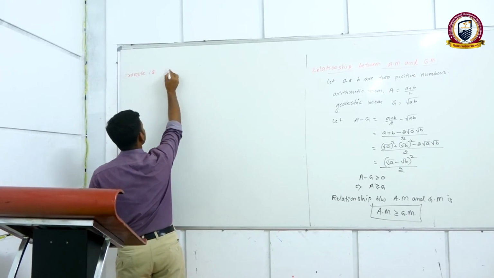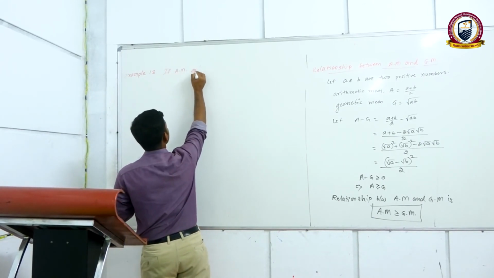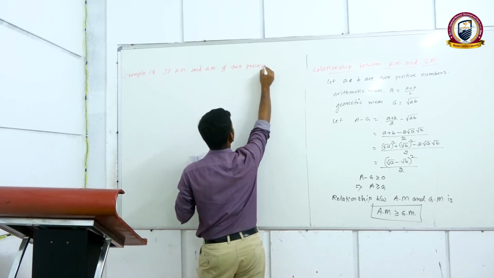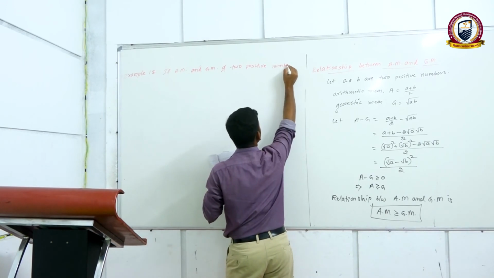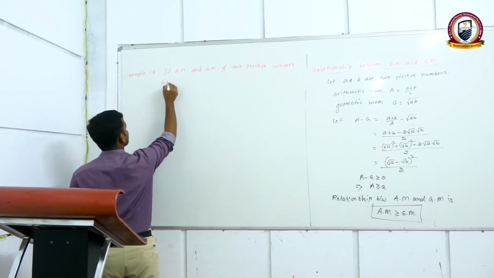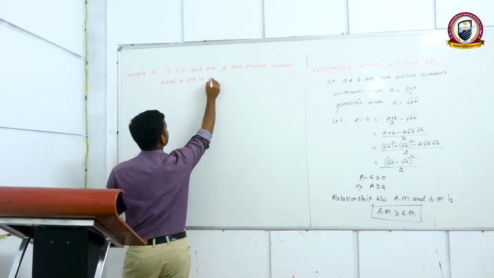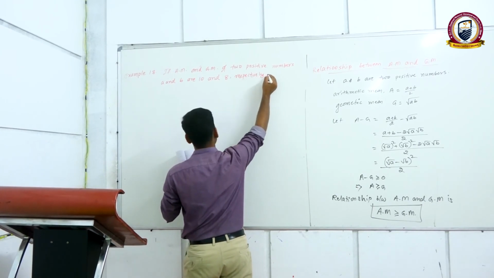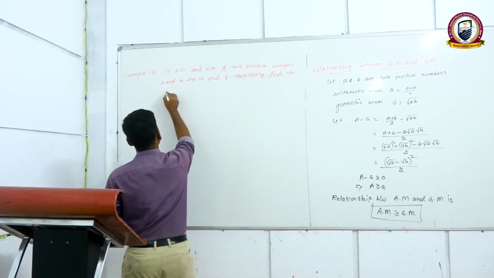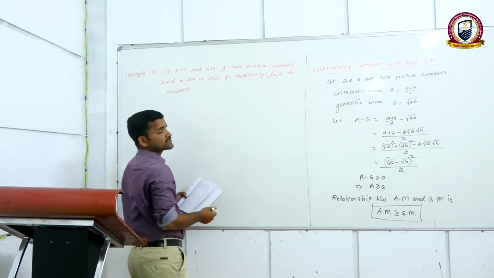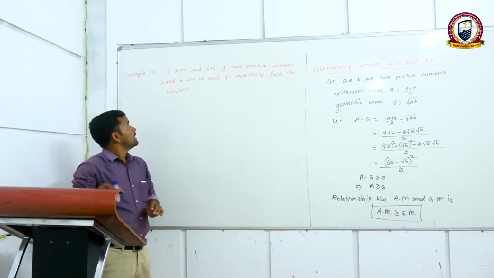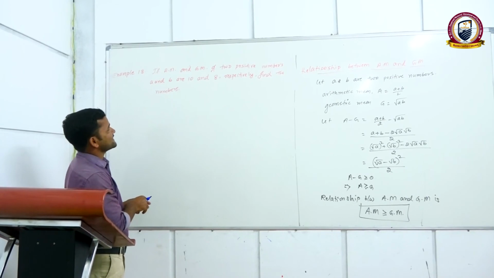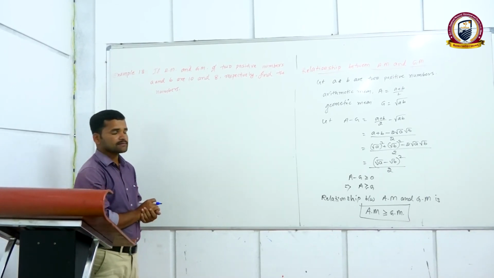If AM and GM of two positive numbers A and B are 10 and 8 respectively, find the numbers. That is our question here.